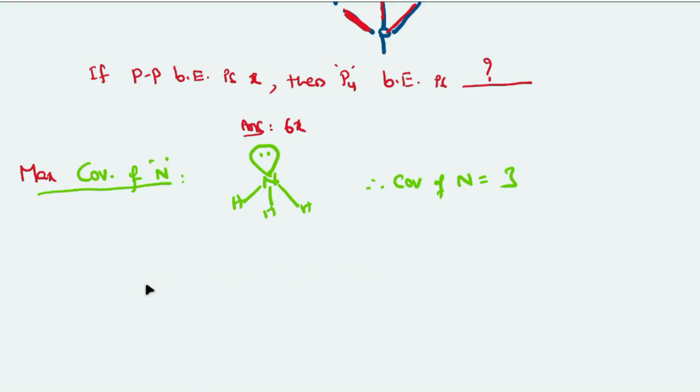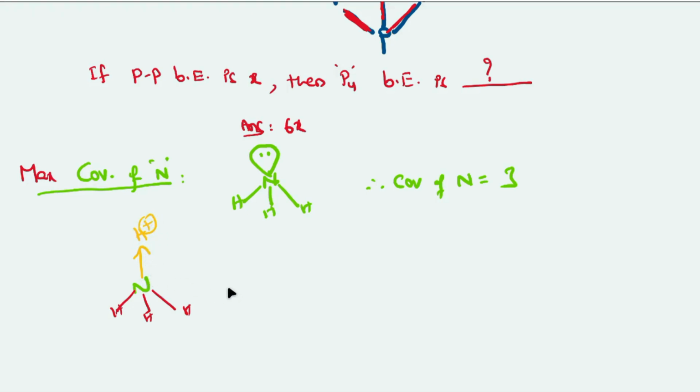If you check like this, N makes a bond with H, and by using the lone pair on nitrogen, it forms a dative bond towards H plus.